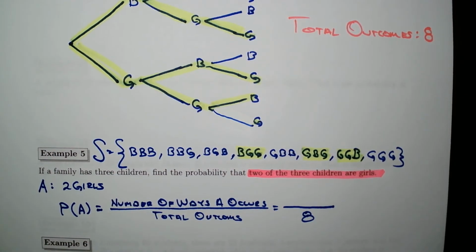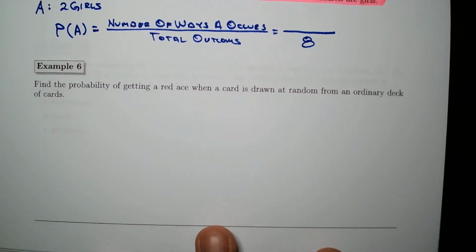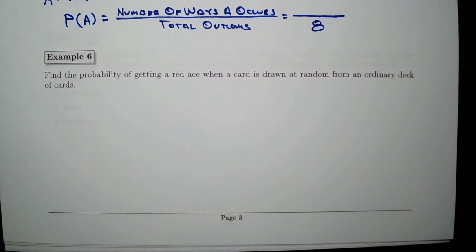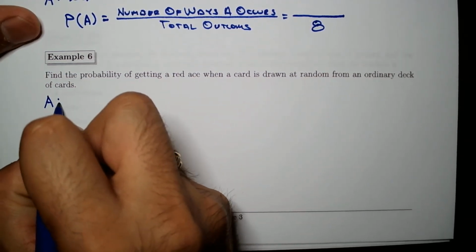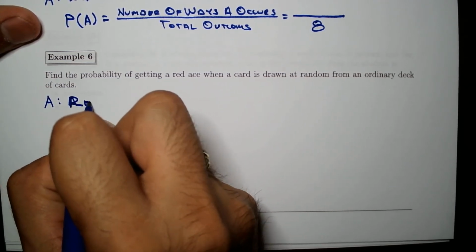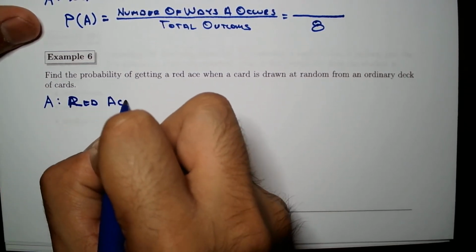Yes. All right. Find the probability of getting a red ace when a card is drawn at random from an ordinary deck of cards. So let's define the event A, which is an ace, actually a red ace.